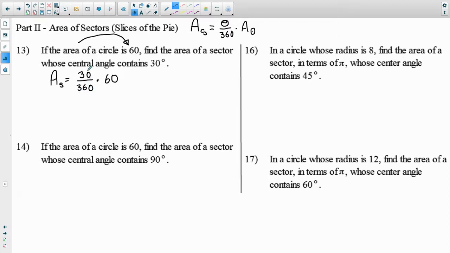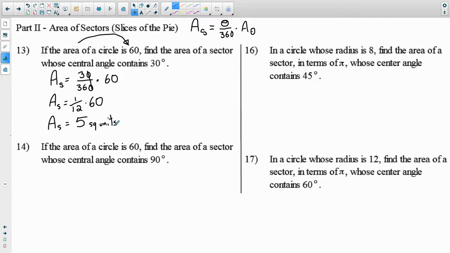You could put it in your calculator, 30 over 360, but quite simply, these zeros cancel out. 3 over 36 is 1/12. So really what we're looking for in this problem is what is 1/12 of 60? Well, 1/12 of 60 is equal to 5. We don't have the type of unit, so I'm going to put 5 square units.